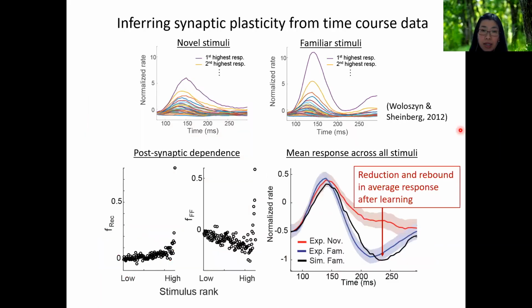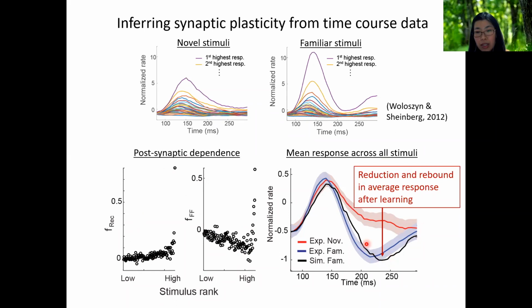And not only this mean equation, also using the time course data for the different novel and familiar images, we could obtain the post-synaptic dependence on the fire rates, for the recurrent synaptic plasticity and the feedforward synaptic plasticity. And as expected, for the post-synaptic dependence, the recurrent one is potentiation dominant, and the feedforward one is depression dominant. And the right panel is the simulated response.